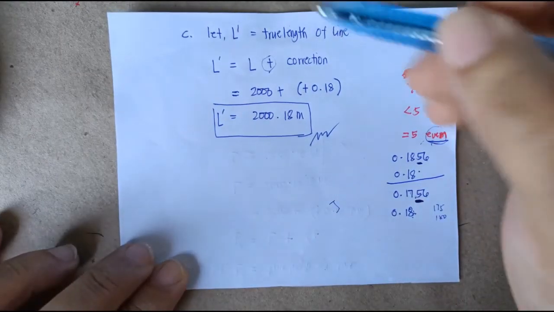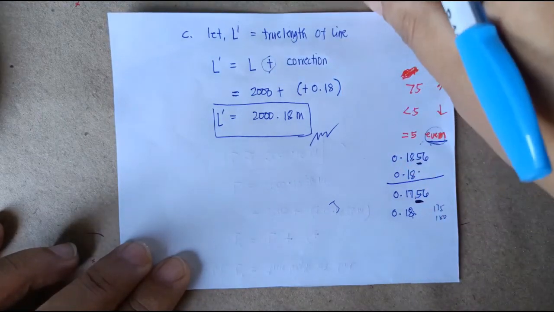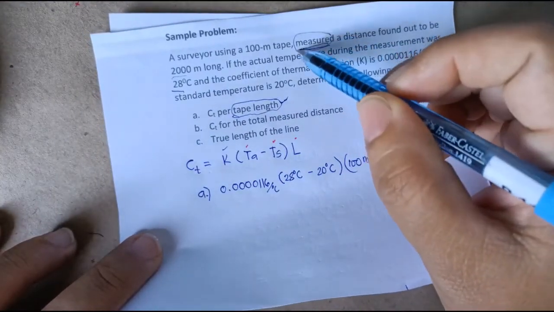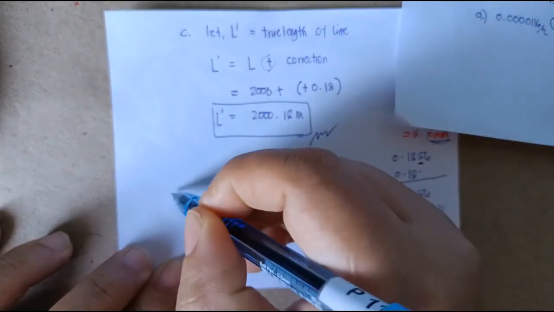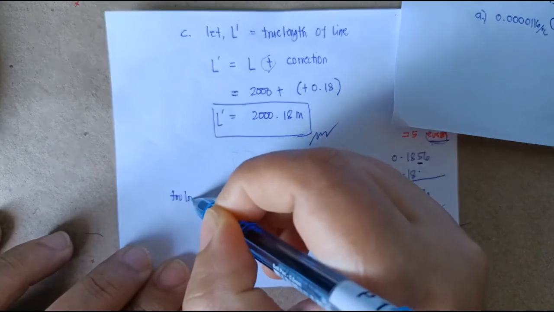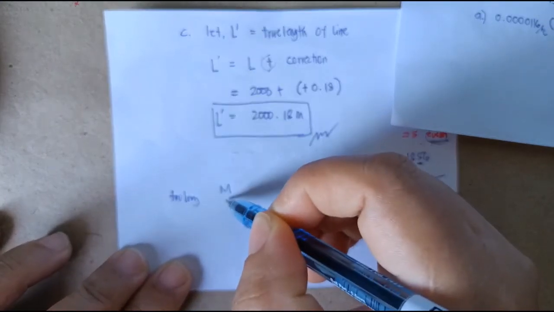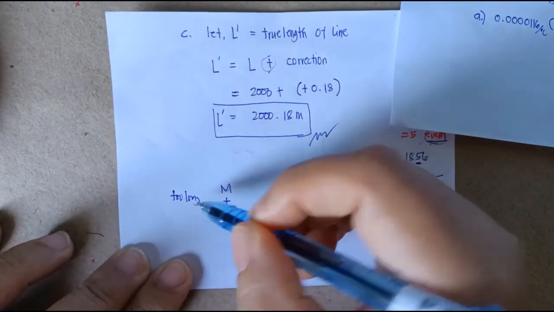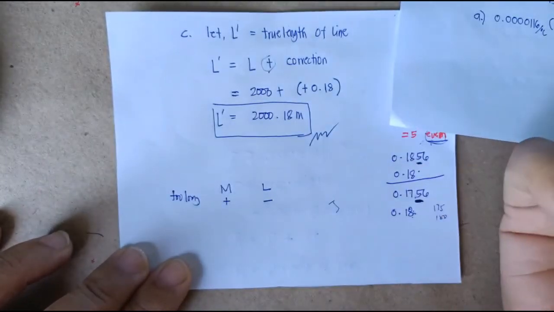By the way, why is it plus here? Why is the correction added? It is because the tape was used to measure, and it is too long. Take note that if it's too long and it is used for measurement, you have to add the correction. And if it's too long and used to lay out, then you have to subtract the correction.